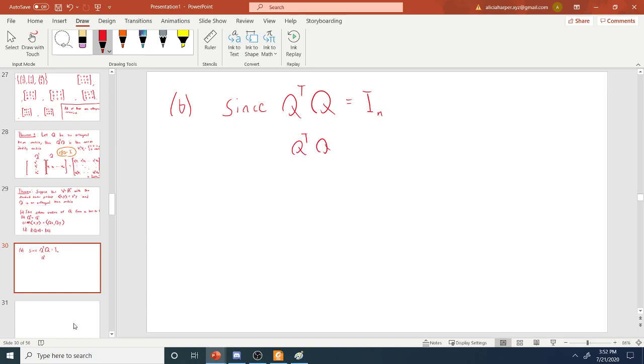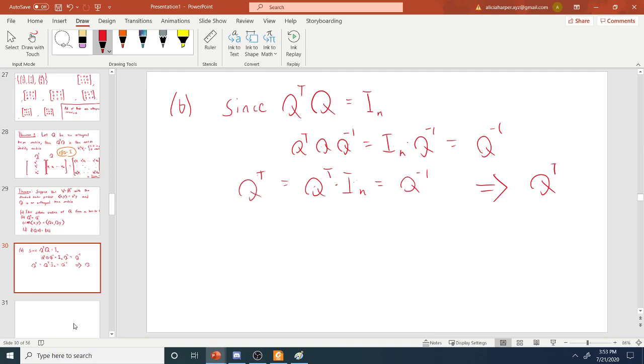So we get Q inverse Q transpose Q is equal to the identity matrix times Q inverse. But if you multiply anything by the identity matrix, you simply get the thing. And if you multiply Q by Q inverse, you get the n by n identity matrix. So you have Q transpose times In is equal to Q inverse. But then you multiply Q transpose by the identity matrix, you just get Q transpose. So this shows that Q transpose is equal to Q inverse.